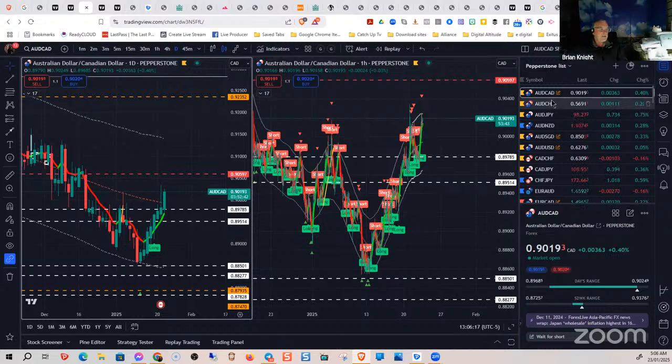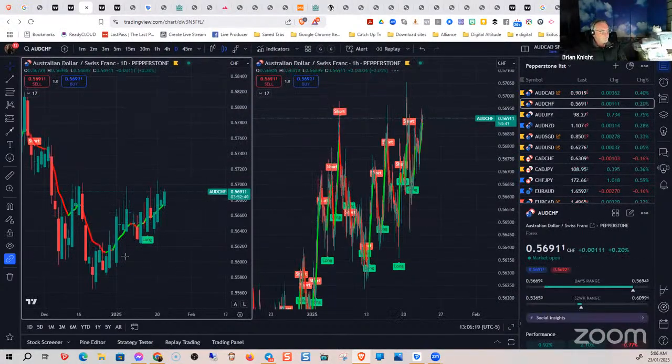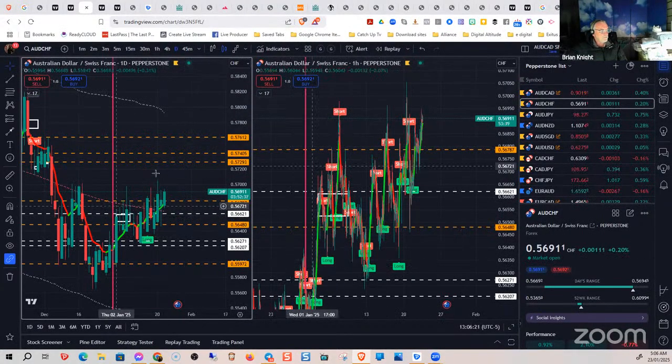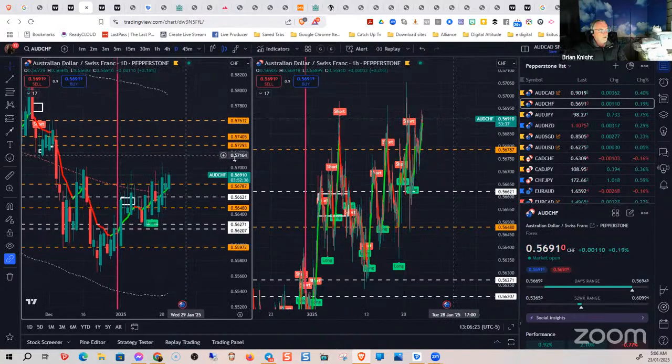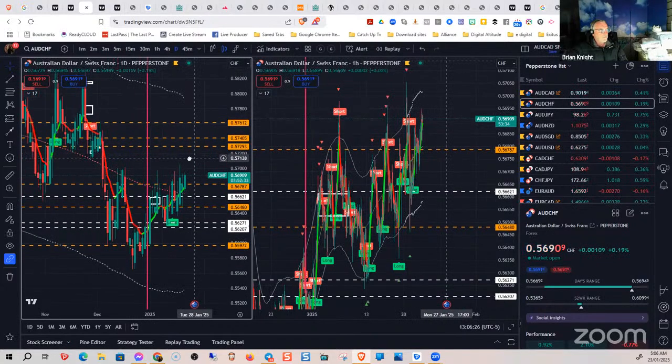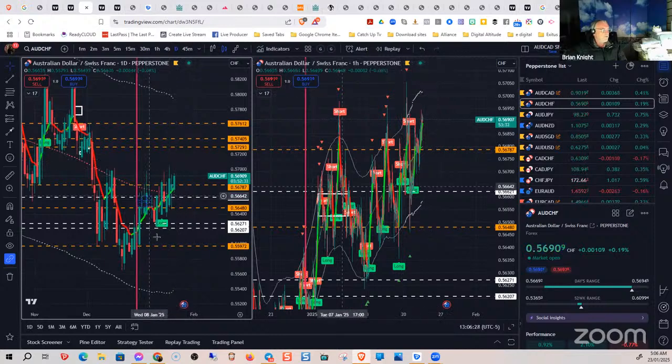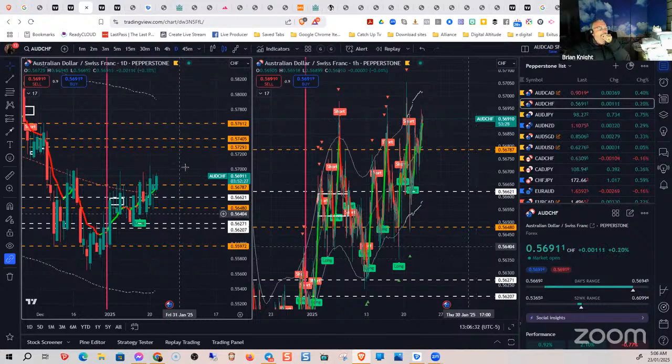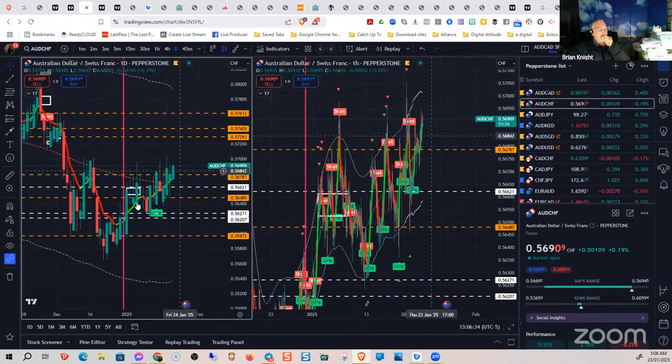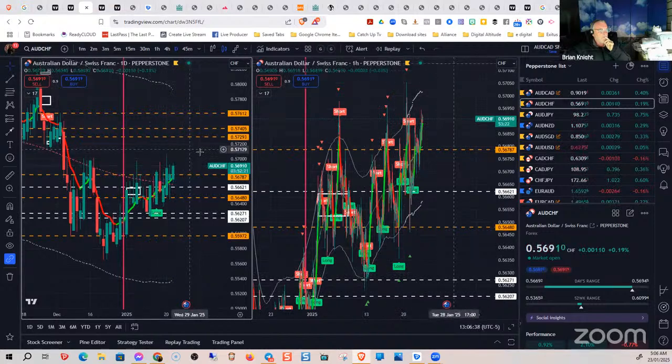AUD CHF. This is one that Darren probably wouldn't take because it's not outside the rail. But for me, this has got a trend bar change along and pushing up.